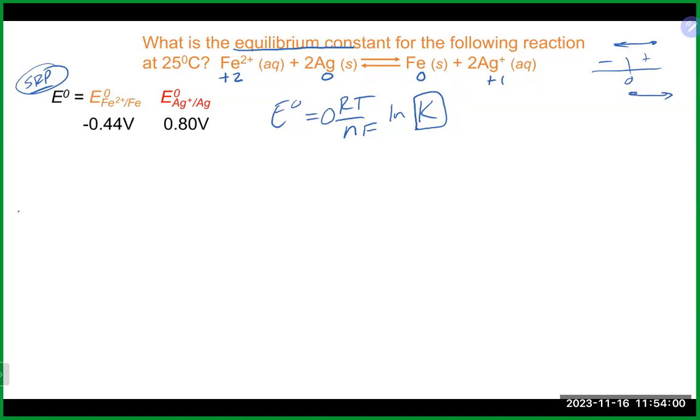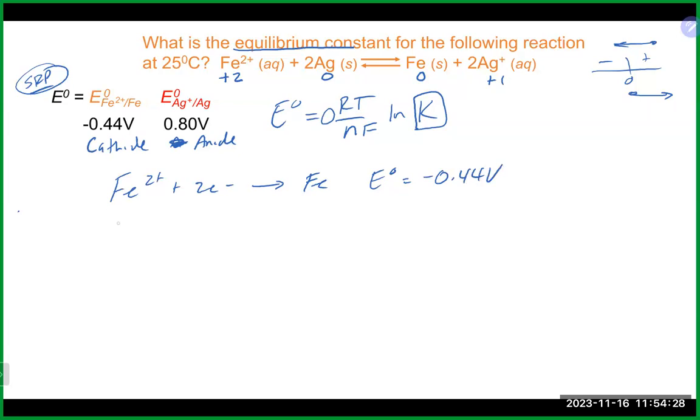So in this case, that would mean that our iron is our cathode, right? And our silver here is our anode in this case. So our cathode would be our iron 2 plus a couple of electrons heading over to our iron. And again, that would give us an E that's minus 0.44 volts.